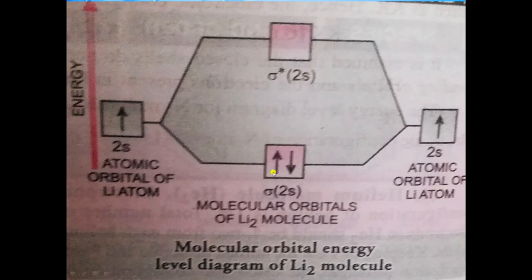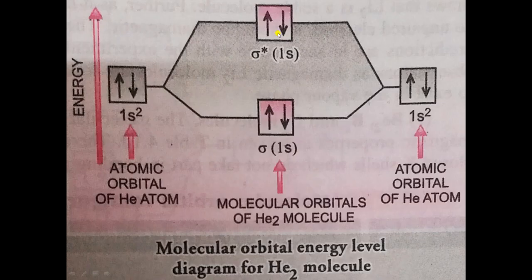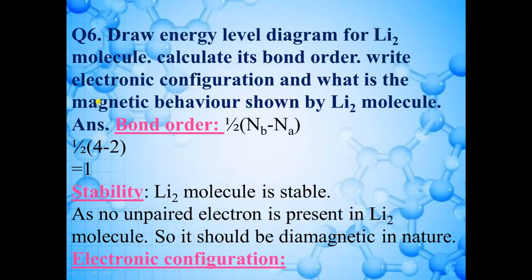So total 4 bonding electrons are present, but in anti-bonding only 2 electrons are present, in sigma star 1s. In sigma star 2s no electron is there, so total 2 anti-bonding electrons are there. So 1 by 2, 4 minus 2 is equal to 1. That means the Li2 molecule is stable.